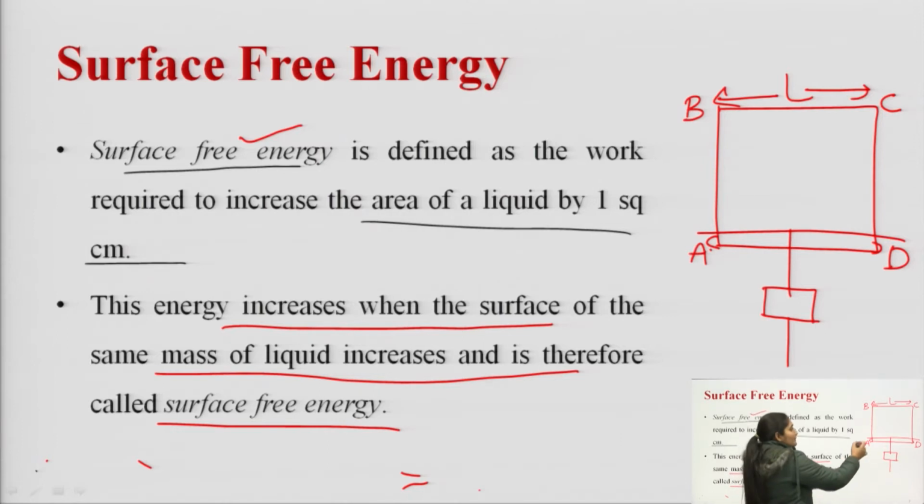We are considering a rectangular frame ABCD, in which AD is L, BC arm is fixed, but AD is the movable arm.